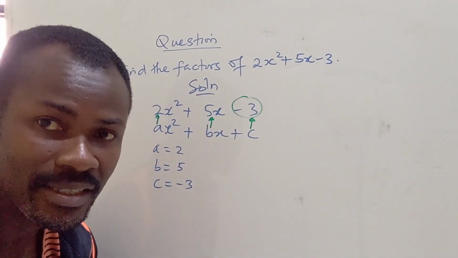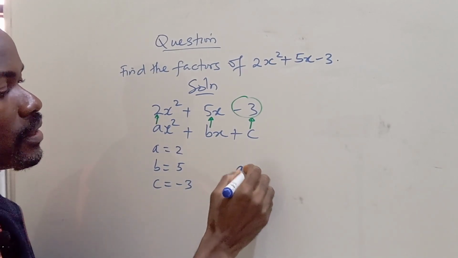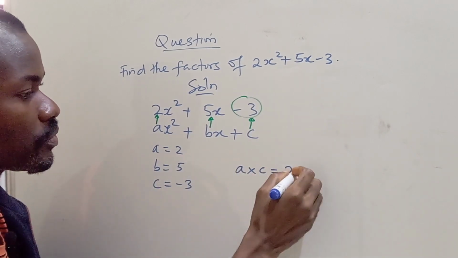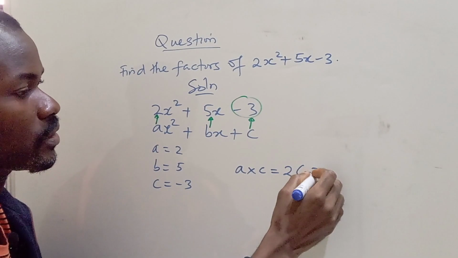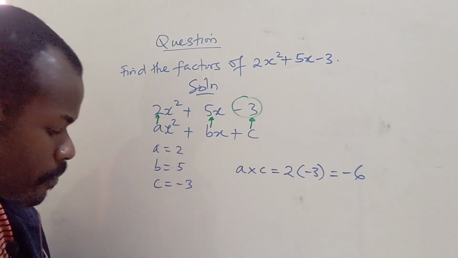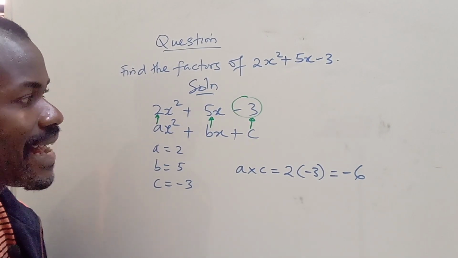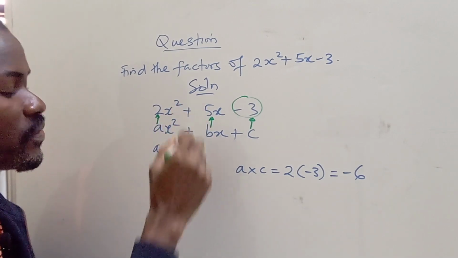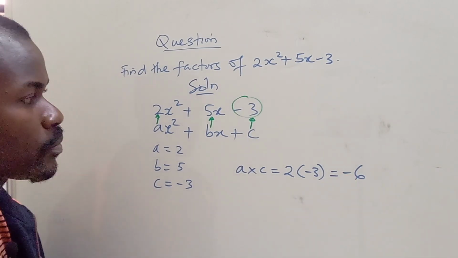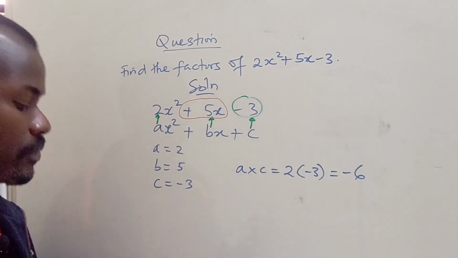The next step you want to take is to multiply your a times c. So a is 2 times c is minus 3. So 2 times minus 3 is going to give us minus 6. Now the idea is this. You want to look for two numbers whose sum is going to give you plus 5 and whose product is going to give you minus 6. When you get those two numbers, you are going to use them to replace all this.